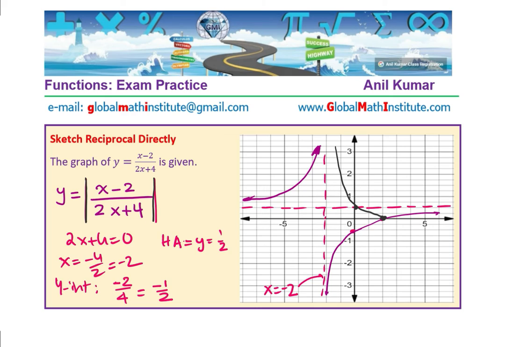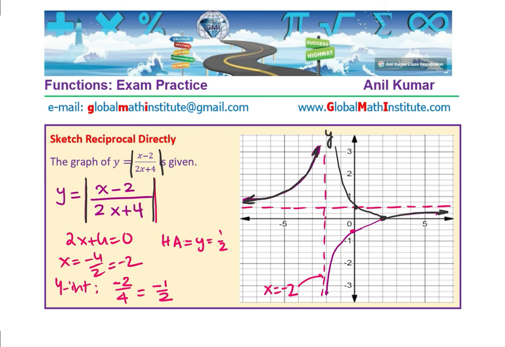And the right side will be the same, because it is always positive, like this, and the left side will match. So this graph will be of the absolute value, y equals absolute value of x minus 2 over 2x plus 4. Do you see that? That is how you're going to sketch this particular graph.